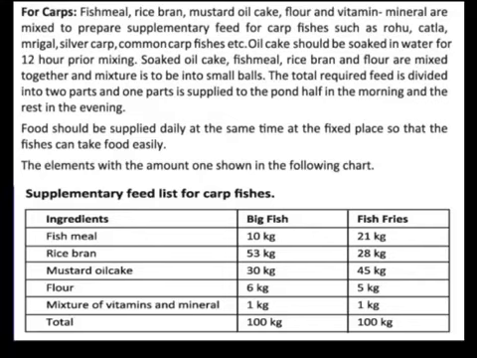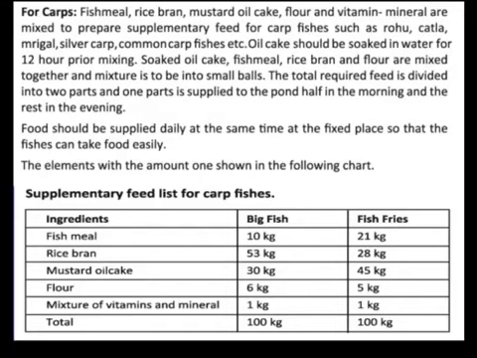The ingredients with the amounts are shown in the following supplementary food list for the carp fishes. If you see the total of 100 kg, we'll have to apply fish meal 10 kg in the case of big fishes, and in the case of young fishes 21 kg. Rice bran 53 kg for big fishes, and for young fishes 28 kg.